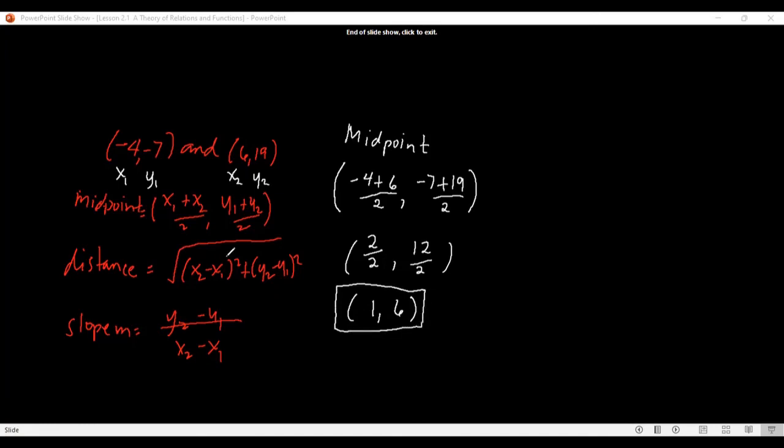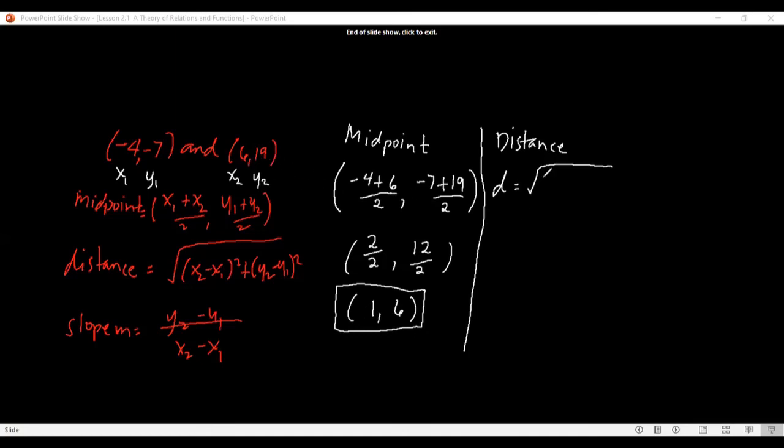Okay? Next, looking for the distance. So, meron na tayong midpoint. Next, distance naman. Okay, gamitin natin yung formula. So, we have the distance, square root of x sub 2 minus x sub 1.